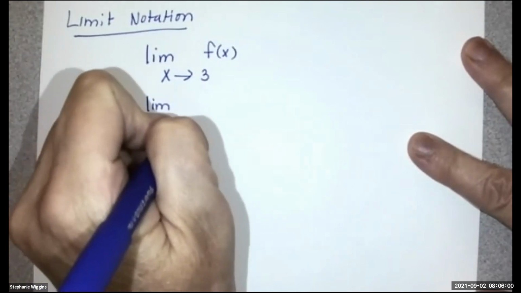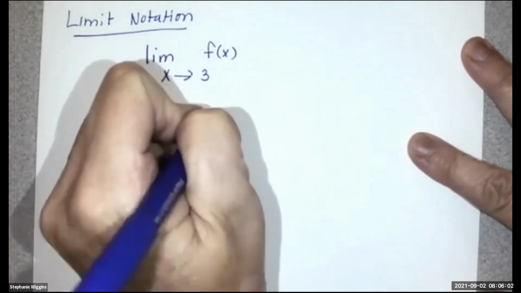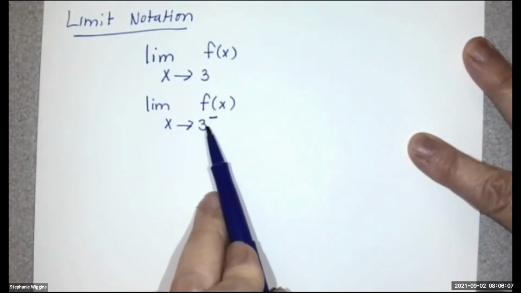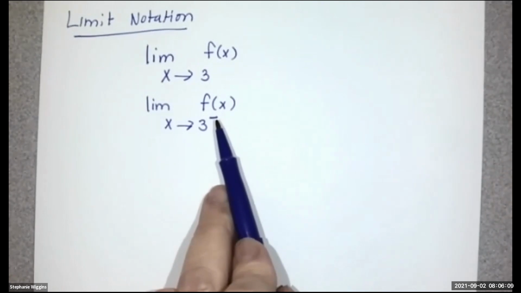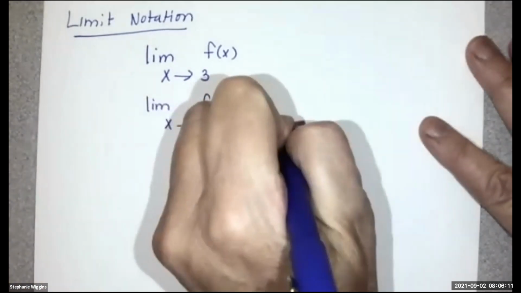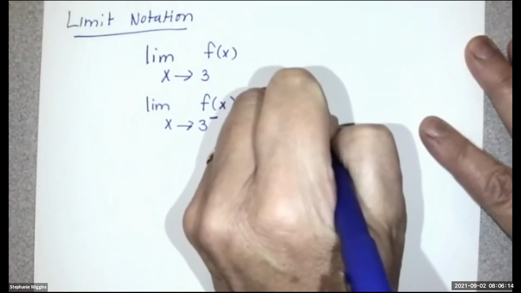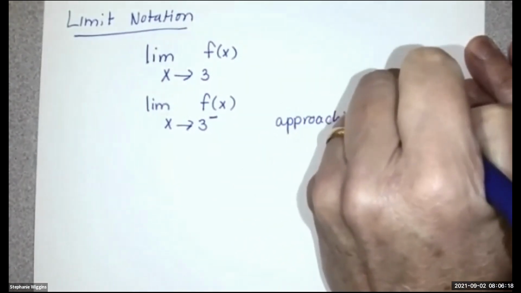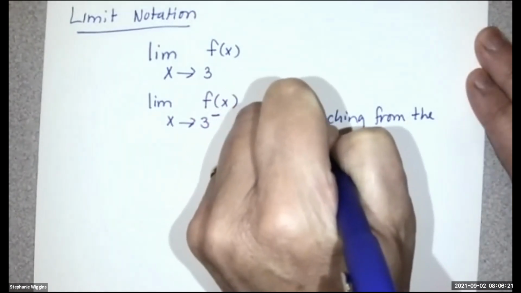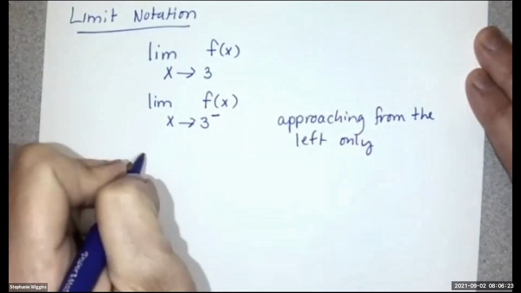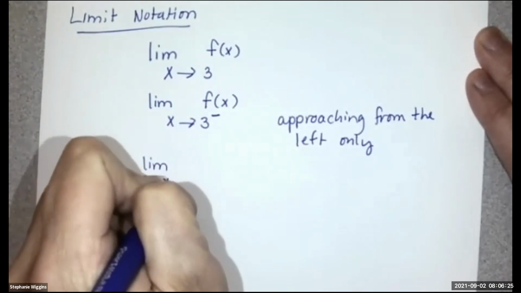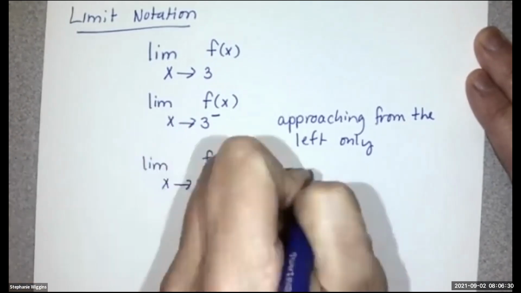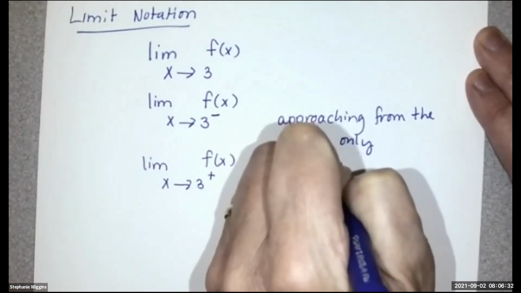The limit as x approaches 3 with a minus sign after it, it just means the limit as x approaches 3 from the negative side or from the left, okay? And then finally, the other situation is when you have the positive side coming after, and that's approaching from the right.